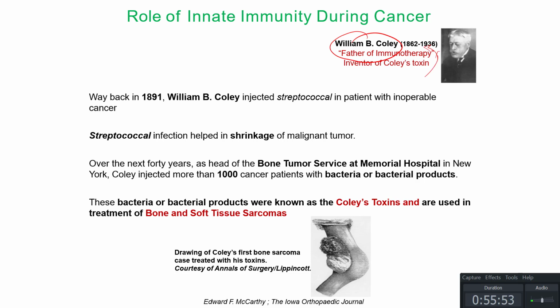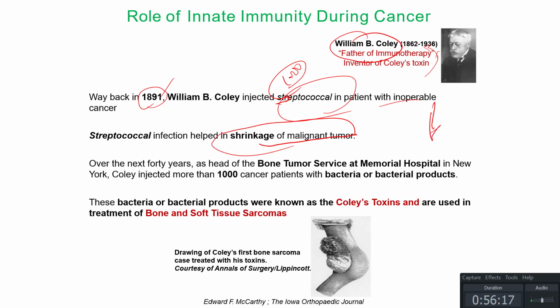So what he did in 1891, he injected streptococcal bacteria into patients with inoperable cancer. So they don't have any other option for cancer treatment. He injected this into around 1,000 patients. So what happened? Shrinkage of the malignant tumor happened.